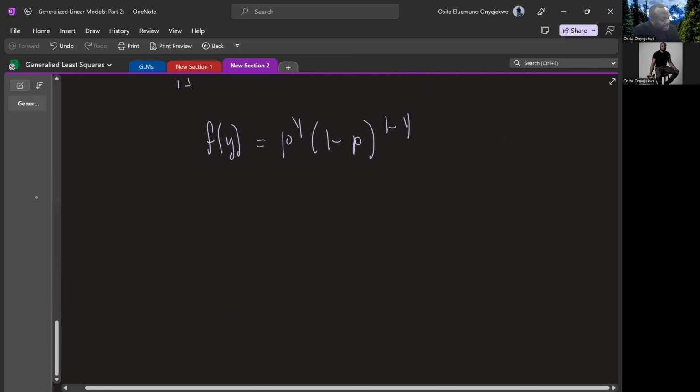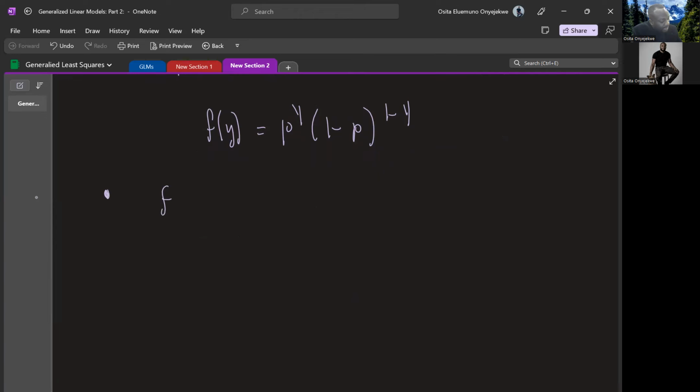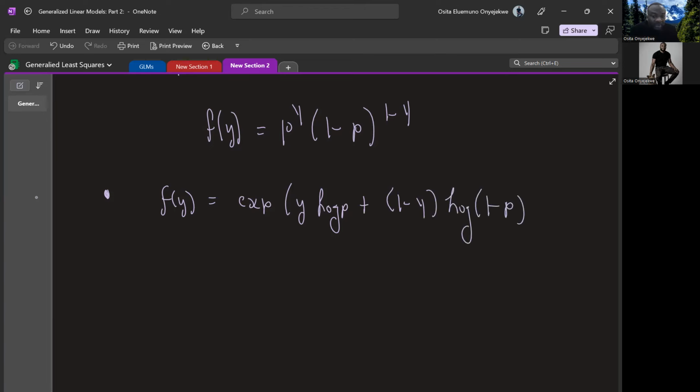If this is the case, then we can rewrite to fit the exponential family form as f of y. This is going to equal the exponential of y log p plus 1 minus y log 1 minus p.